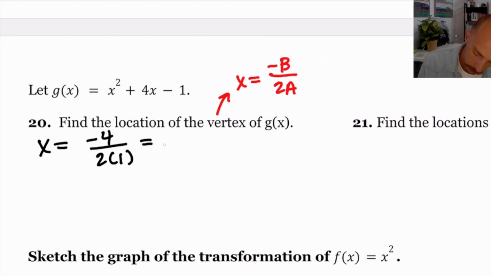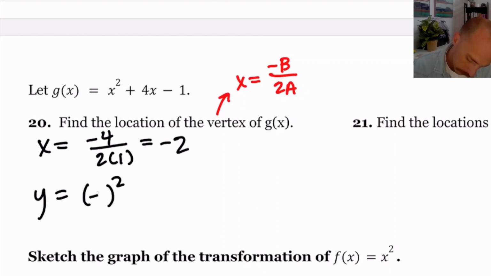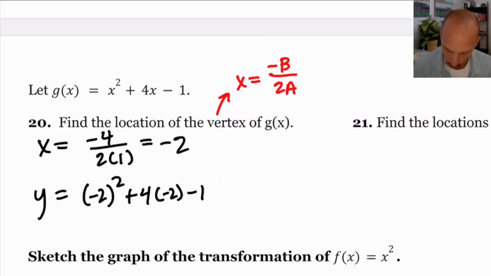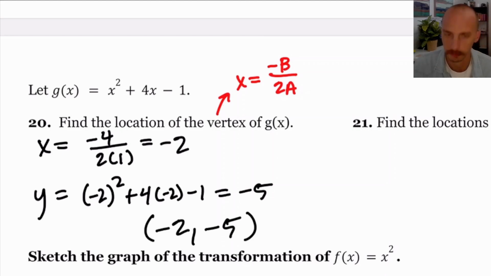So negative 4 over 2 is negative 2. And then y will equal g of negative 2, which will be negative 2 squared plus 4 times negative 2 minus 1. And so I've got 4 minus 8 is negative 4, minus 1 is negative 5. So my vertex coordinates would be negative 2 and negative 5.